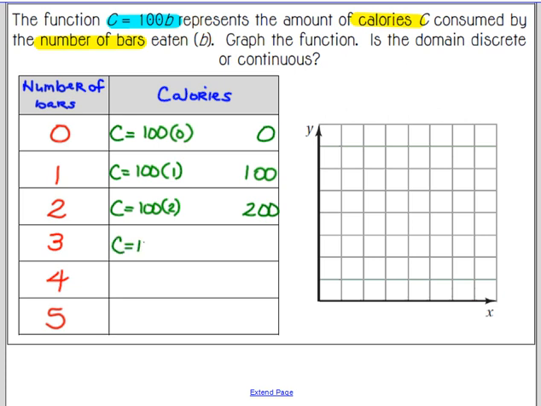And so we can see a pattern here as well as we find the calories per bar. And then we'll be ready to set up our graph.